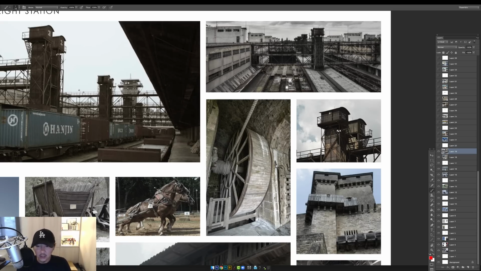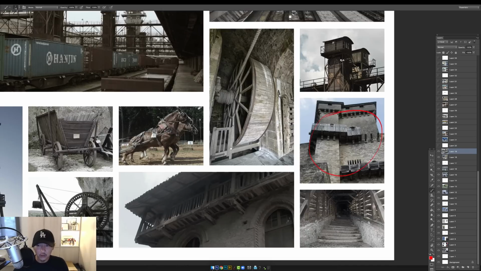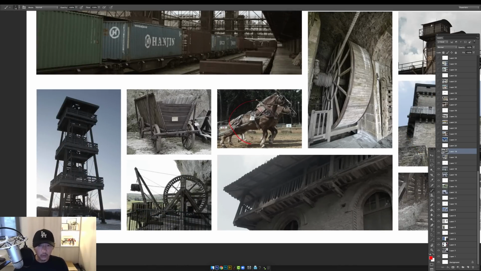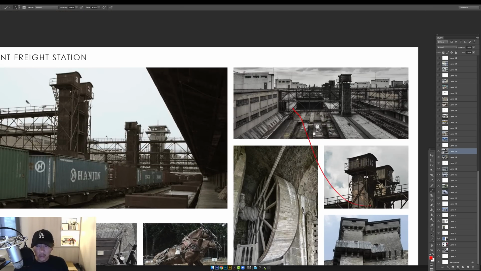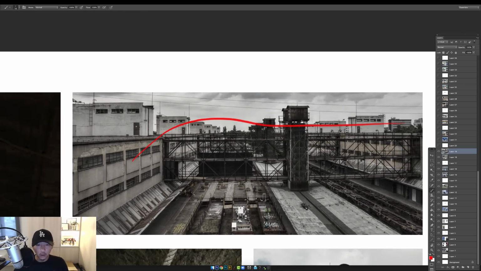You don't have to make this stuff up. You have the towers, the machines, the horses, the wagons, the walkways, the tunnels. Replace all that into here, and this form will now look like a medieval factory, but it's a visual you haven't seen, and it is very much grounded and rooted in culture and history and functionality.